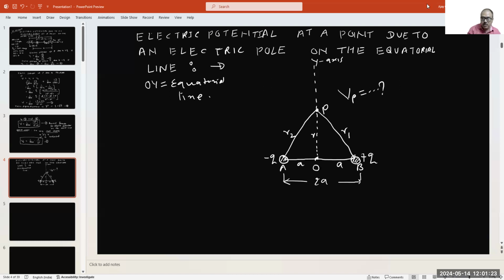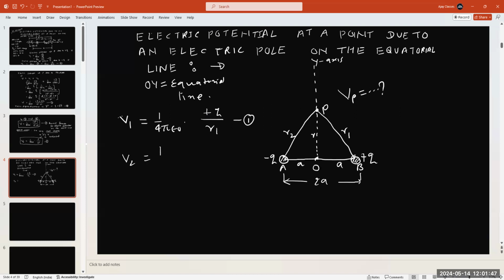Just write the formula for electric potential V1 as 1 upon 4 pi epsilon naught, your charge is positive, at a distance R1. Take it as equation 1. Similarly, write the electric potential at P, V2, as 1 upon 4 pi epsilon naught, your charge is minus, at a distance R2.